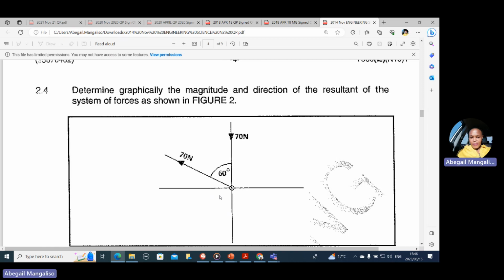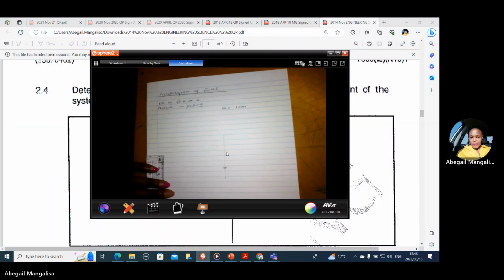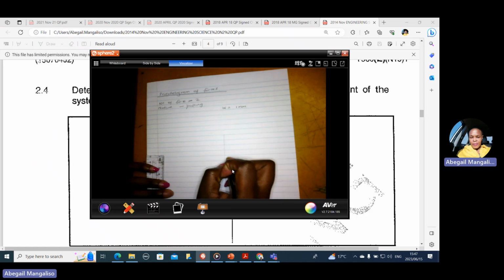The arrowhead represents the direction. I will label it 70 newtons.